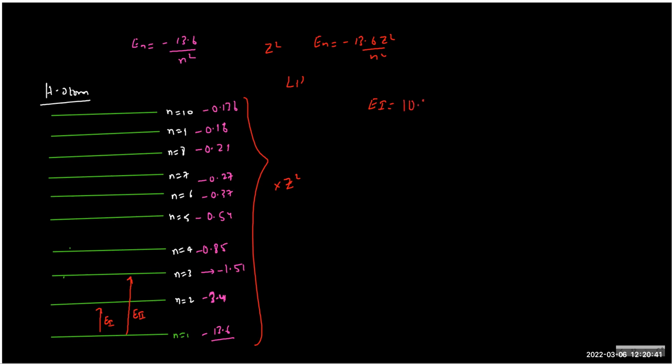E1 is 10.2 eV. Now this answer is very famous. So the moment you see this number, you should be able to guess that this is the first transition energy. Now, the first transition energy is always the biggest energy because we know that successive differences will only decrease. So always remember, if any number is huge, close to 13.6, it is the first transition.